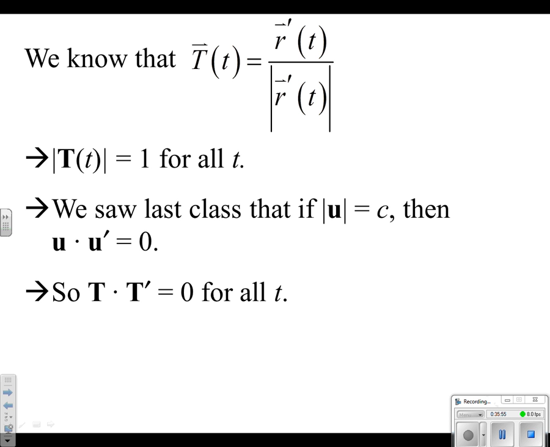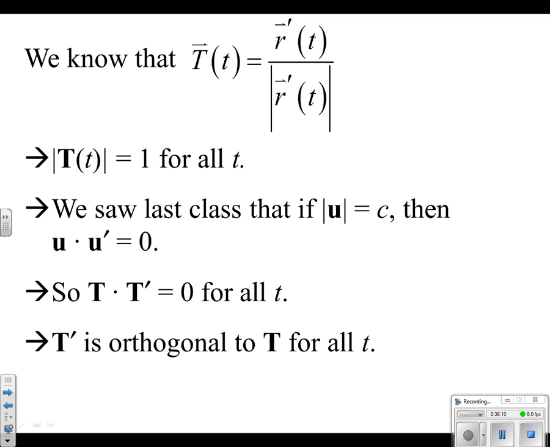T is a unit vector, so it dotted with its derivative is always going to be 0. And remember that if the dot product of two vectors is 0, that means those two vectors are orthogonal. So through this thought process, we defined T at the very top, and we've determined that the derivative of T is orthogonal to T everywhere.